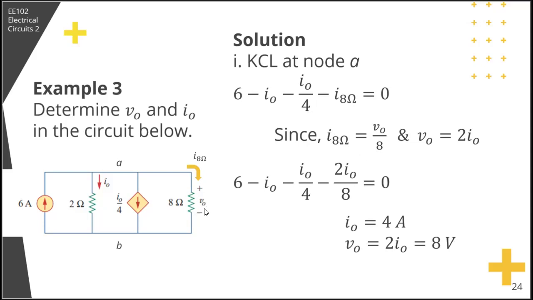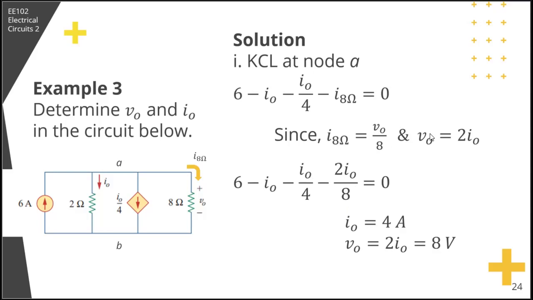Now VO is also equal to, since it is in parallel, VO is also equal to 2 times IO. So I 8 ohm I can express as, since VO is 2IO, I put it here, so I 8 ohm becomes 2IO over 8.